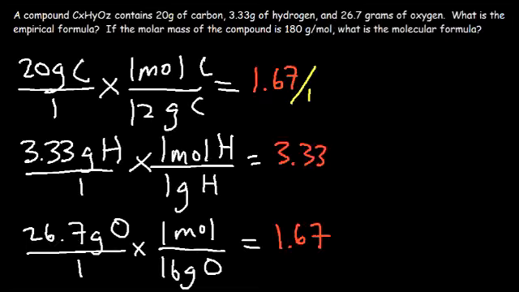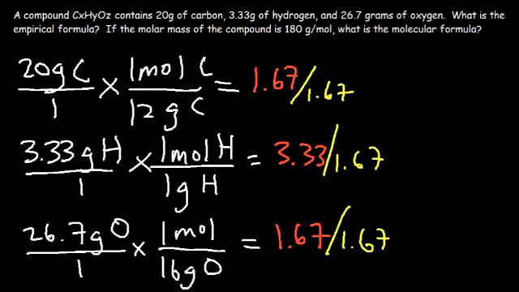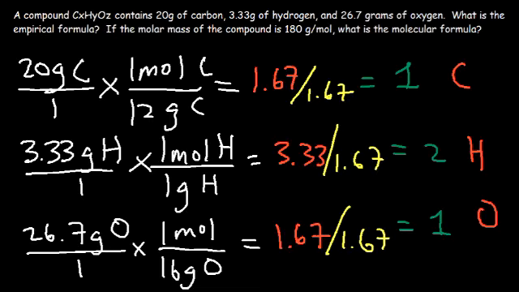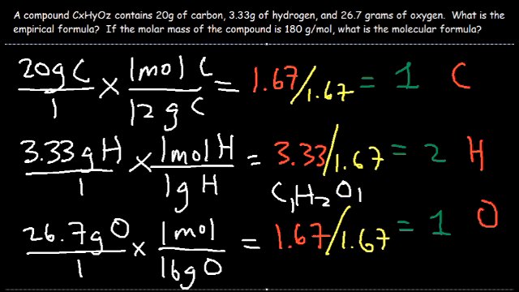The smallest is 1.67. So this is going to equal 1, this is 2, and that's 1. So this was for carbon, hydrogen, and oxygen. So the formula is going to be C1H2O1, or simply CH2O. And that's how you can find the empirical formula of a compound.